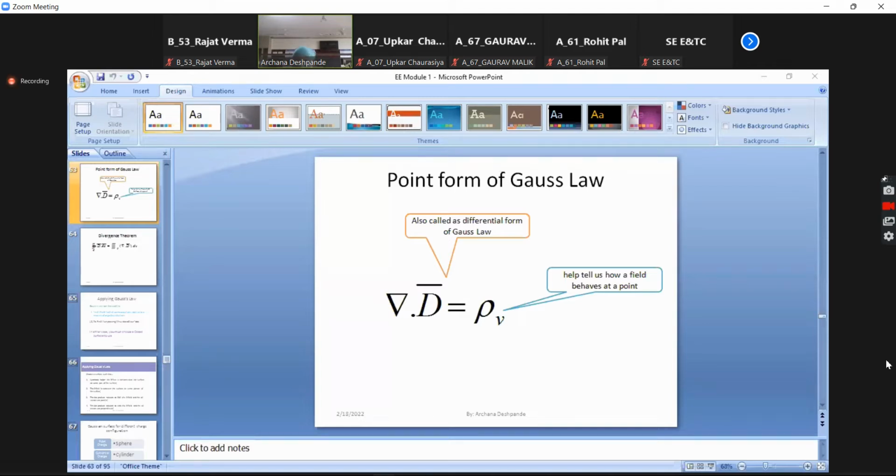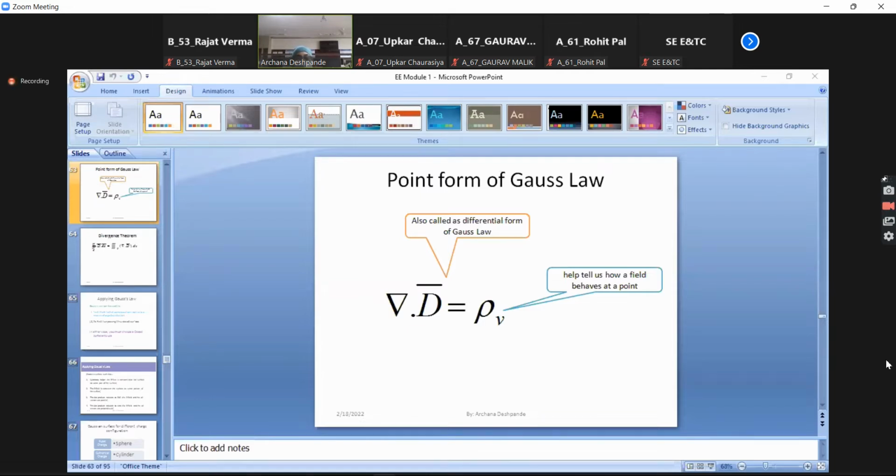I cannot apply Gauss law to a point; I have to apply Gauss law on a closed surface. So if I want to apply Gauss law at a point, I have to reduce that closed surface so that it becomes a point, and only then can I apply Gauss law practically.